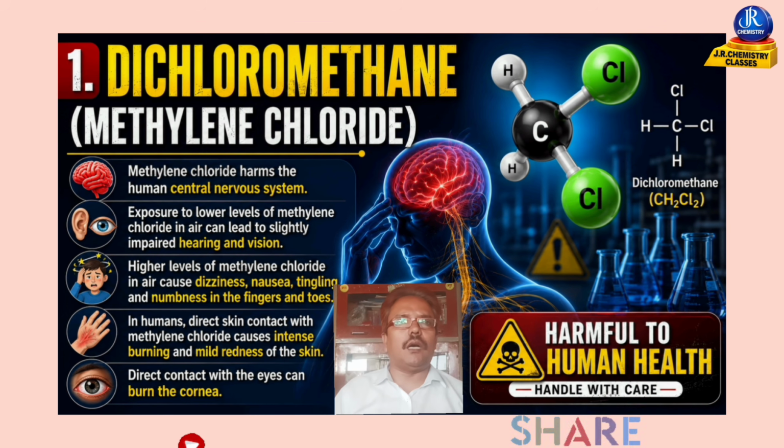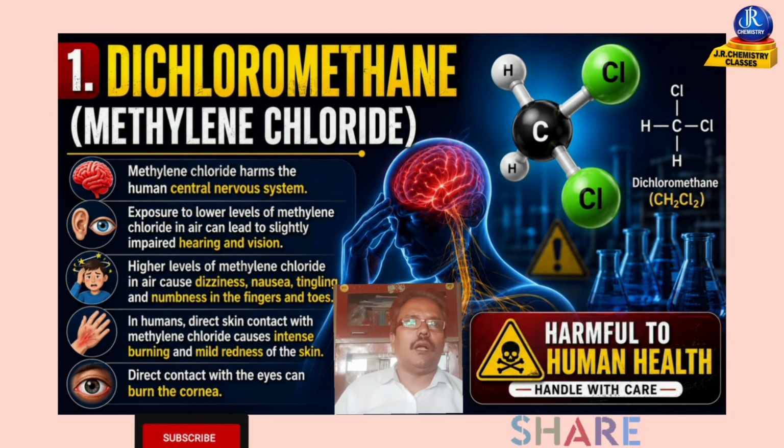Methylene chloride harms the human central nervous system. Exposure to lower levels of methylene chloride in air can lead to slightly impaired hearing and vision. Higher levels of methylene chloride in air cause dizziness, nausea, tingling, and numbness in the fingers and toes.